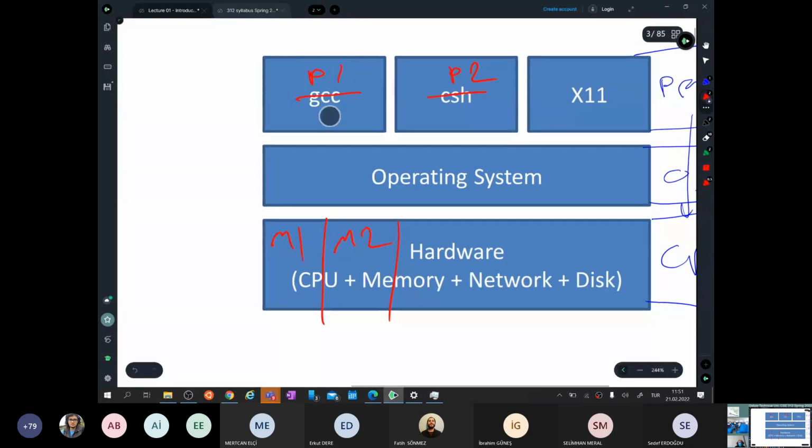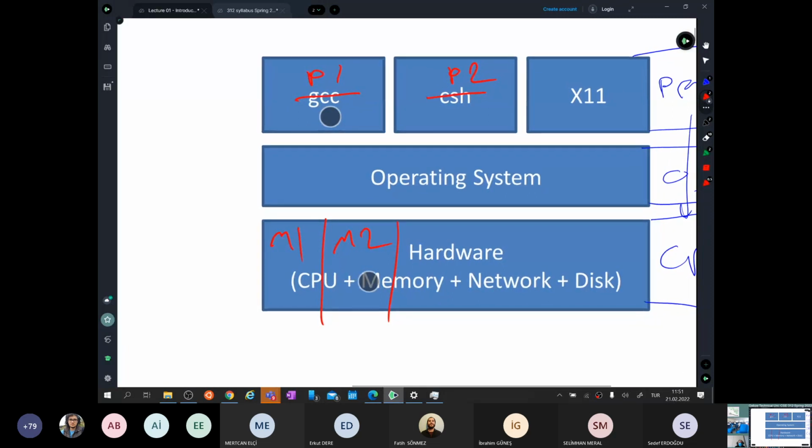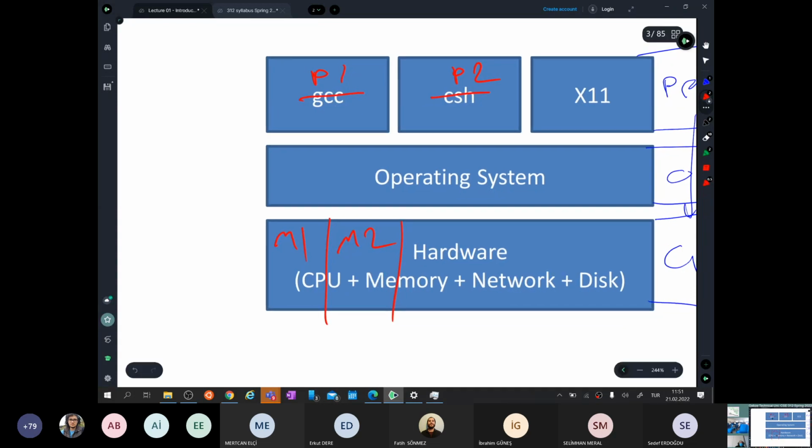If P1 is trying to access the memory of program number 2, then the hardware will let me know, and the operating system will say that that's not going to happen. That's called protection. Memory is not the only thing that is protected. There are also very important places in my hardware or in my memory, and those places are protected too.